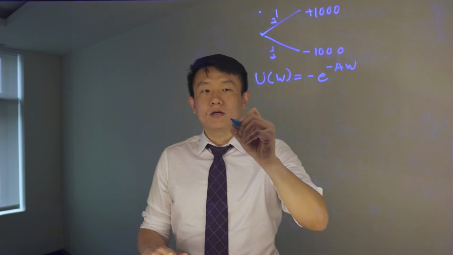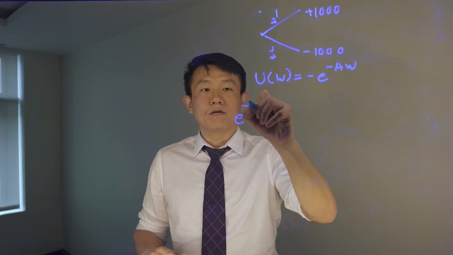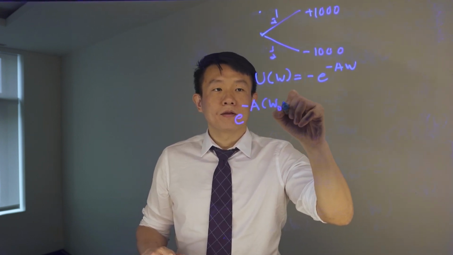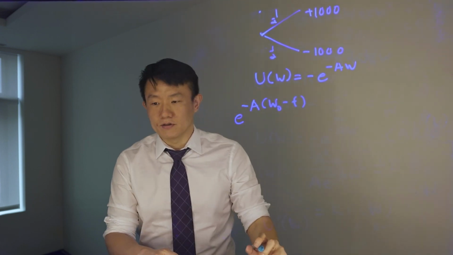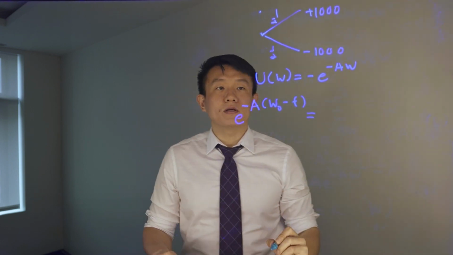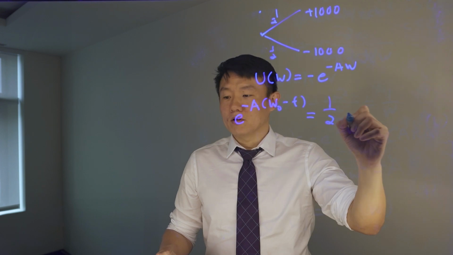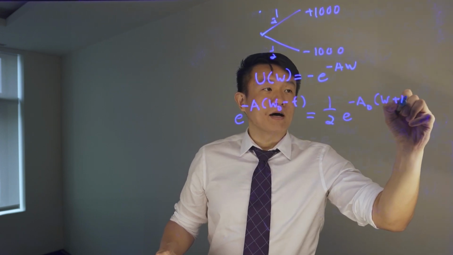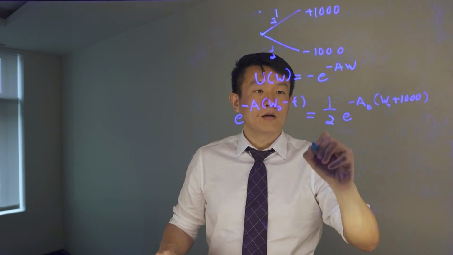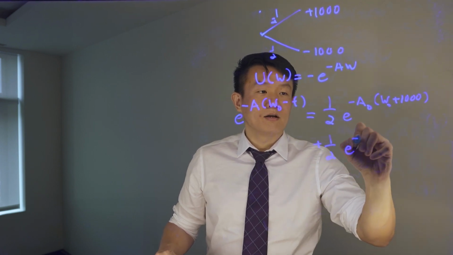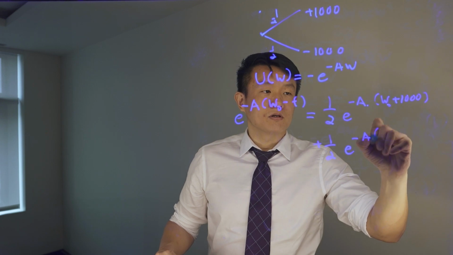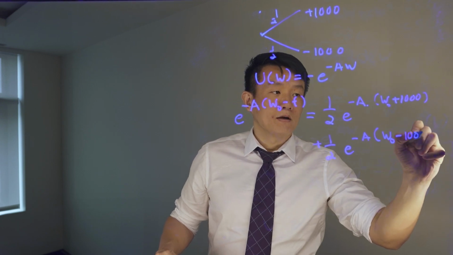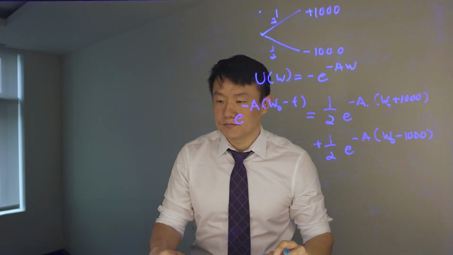So we want the utility of losing F for certain to equal the expected utility, so probably 1/2 of gaining 1,000 plus 1/2 times the utility of losing 1,000.